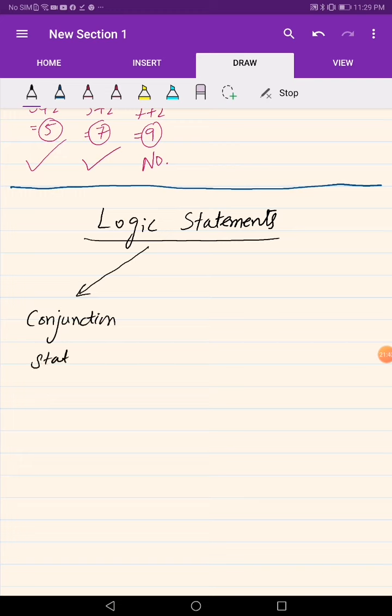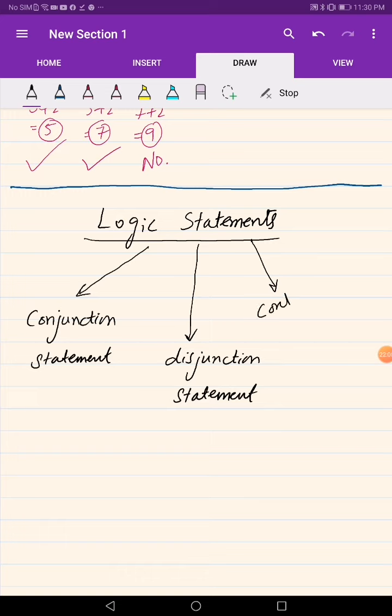Second is disjunction statement. And the third one is conditional statement.